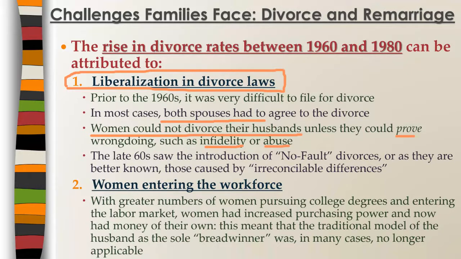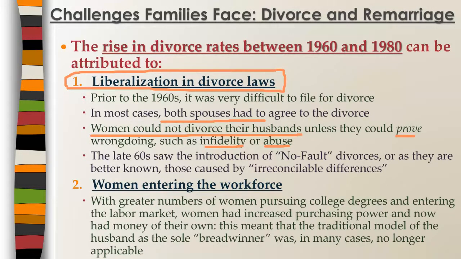So it was really hard for women to meet the standards of proof to divorce husbands for infidelity or for abuse, which oftentimes happens behind closed doors. And it's hard to, again, prove in a court of law that a bruise that you got was in fact from your spouse.